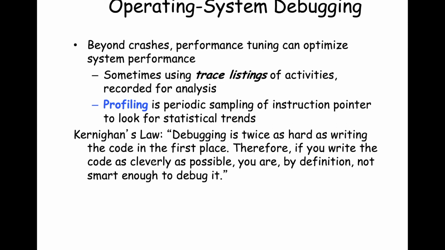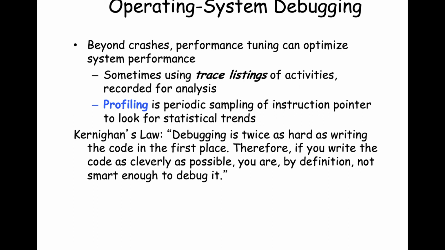And for profiling, you're looking for statistical trends to see, oh, where is my operating system spending much of its time doing the normal things that it does. And so, for example, if you find that your operating system is accessing the disk very frequently, it might mean that you have too little RAM because it can't squeeze all those programs into memory, so it's taking the spillover and storing them on disk, and it's using the disk more than it should be.